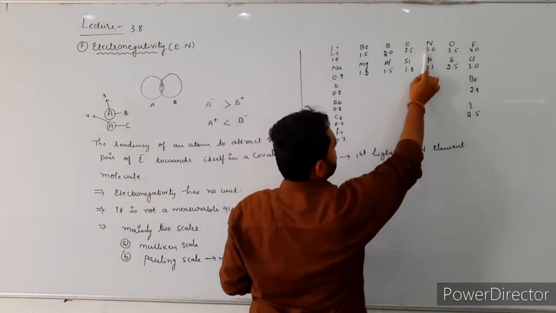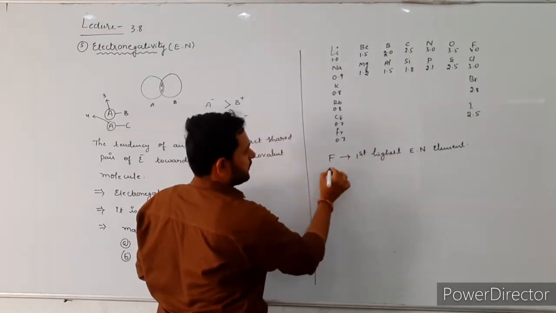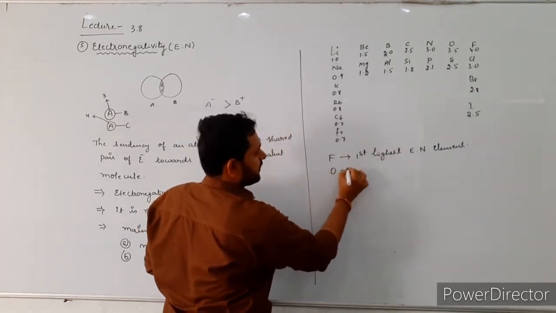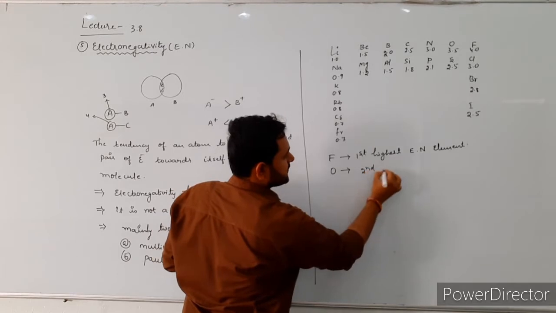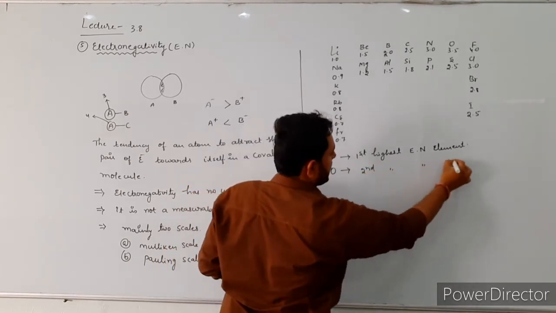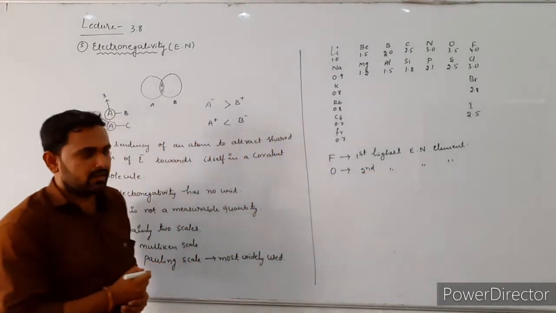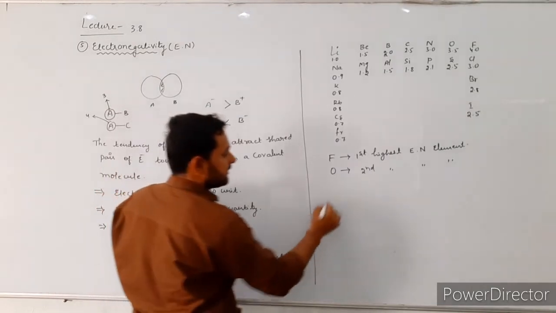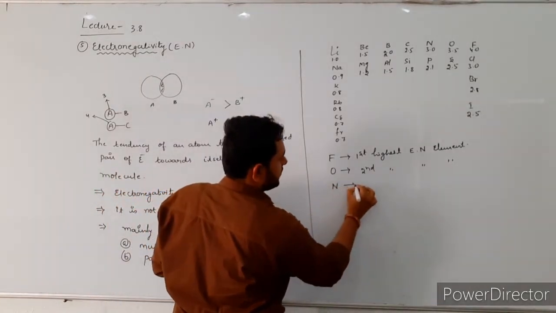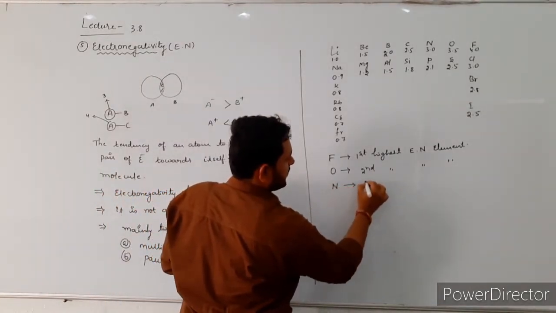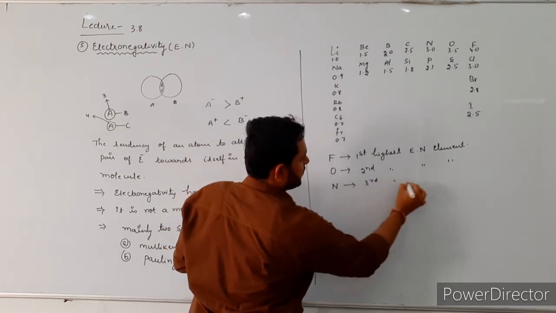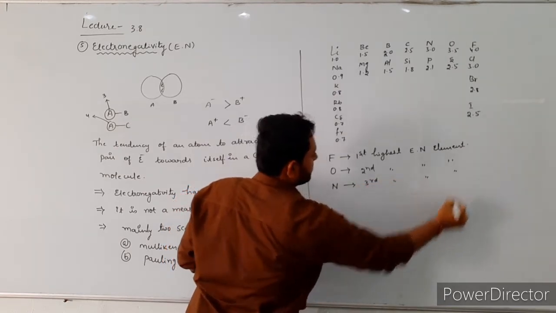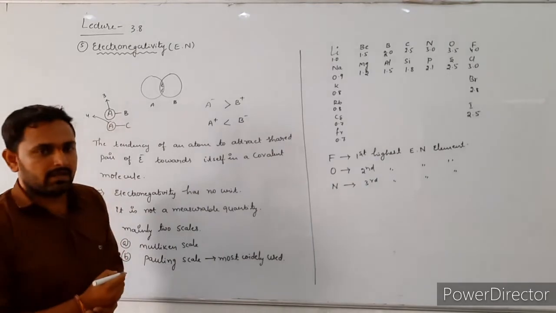Oxygen. Oxygen is the second highest electronegativity element. Next, nitrogen. Nitrogen is the third highest electronegativity element in the periodic table.